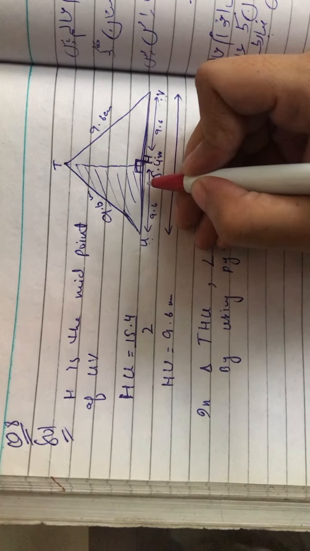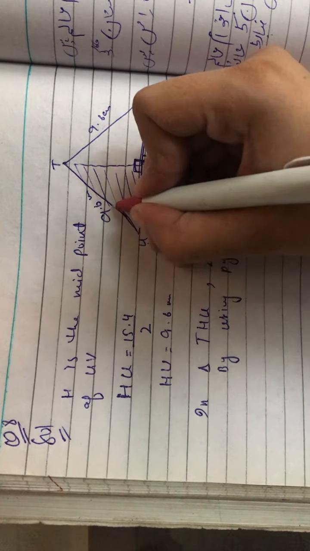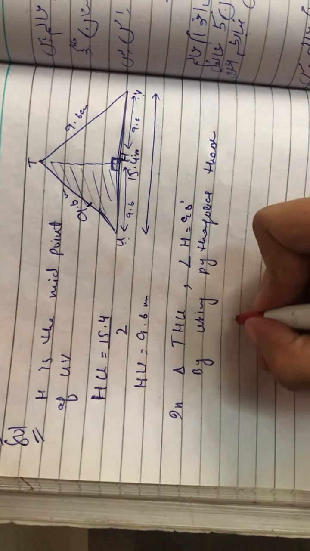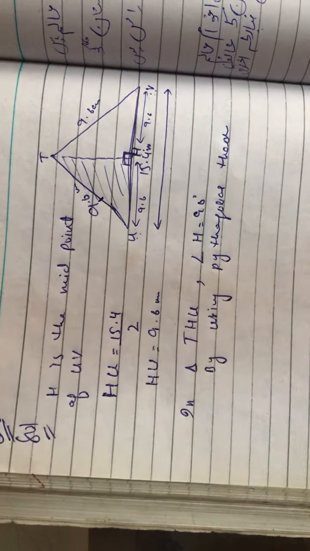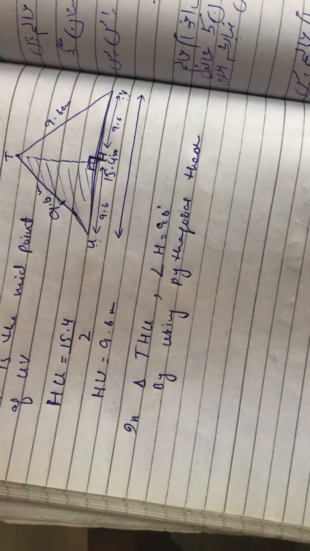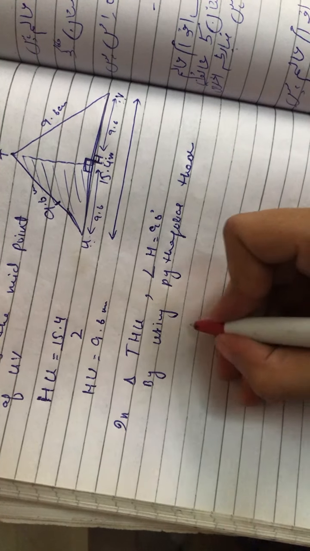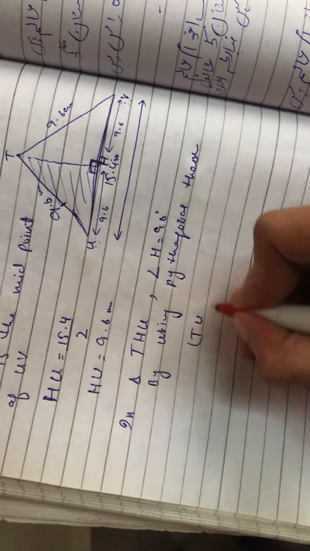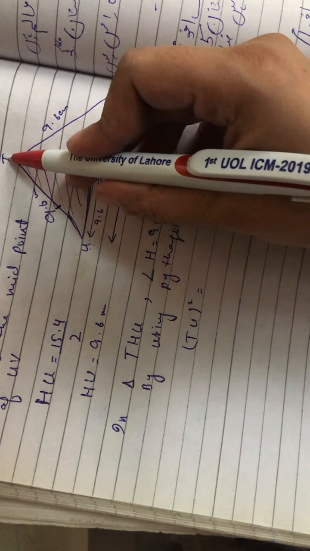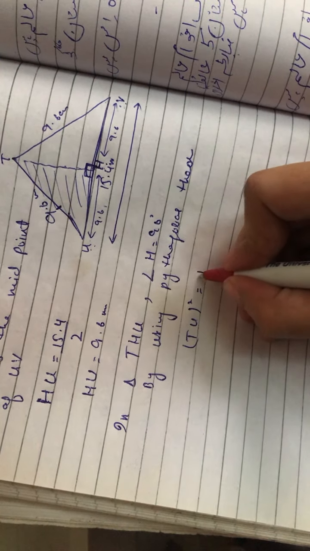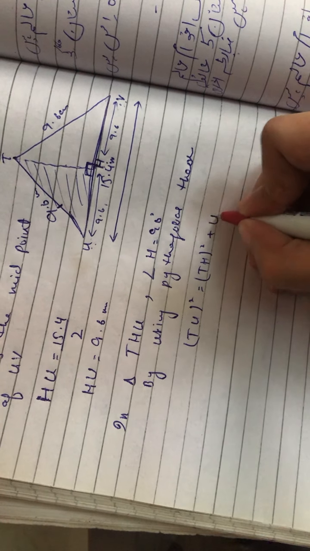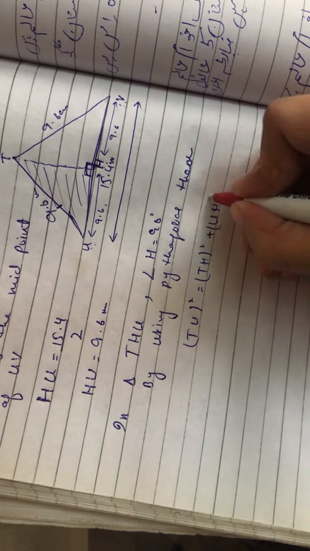This is a 90-degree angle. The opposite side of the 90-degree angle is called hypotenuse, and this is the hypotenuse, and this is TU. You also write here TU whole square equal to the sum of the squares of these two sides, TH square plus UH square.